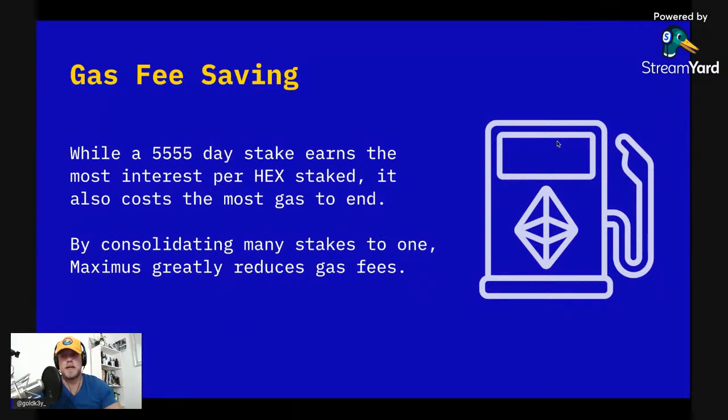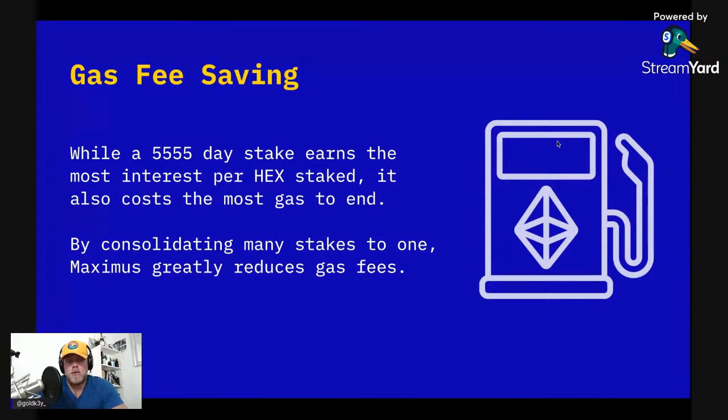If you really think about it, let's say 100 people join Maximus. Rather than using Maximus, if those 100 people staked on their own, whatever amount, maybe even if they're all small stakers, they're likely going to have to pay at least an ETH to end those, right? There's probably going to be a portion, I don't know what percentage, but depending on the size of their stake, it might not even make sense to end those stakes, right?